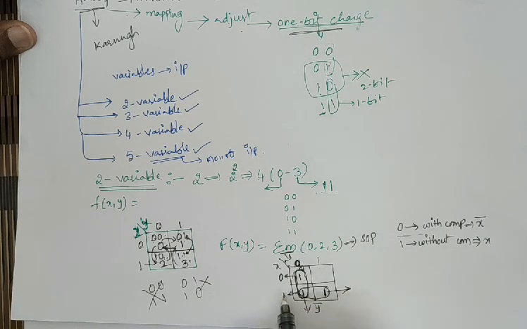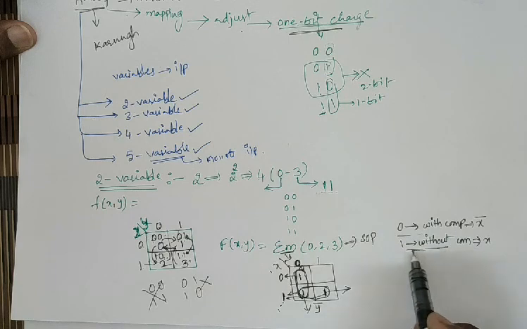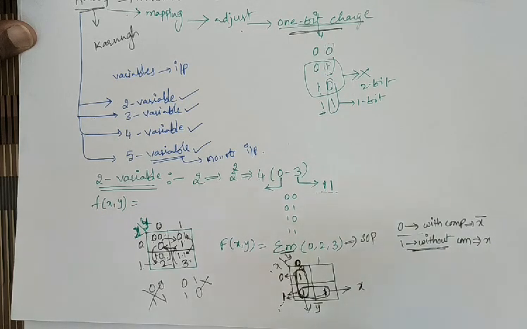This indicates a single row and two different columns, so we can directly consider it as a row representation. That row indicates 1, and the row indicates x. In SOP, x is without complement, so x is the row representation and y bar is the column representation.